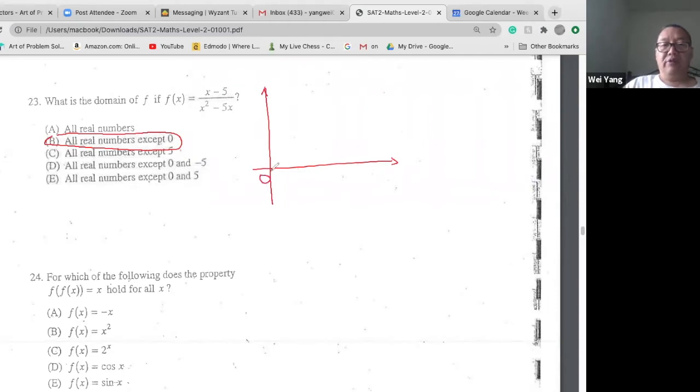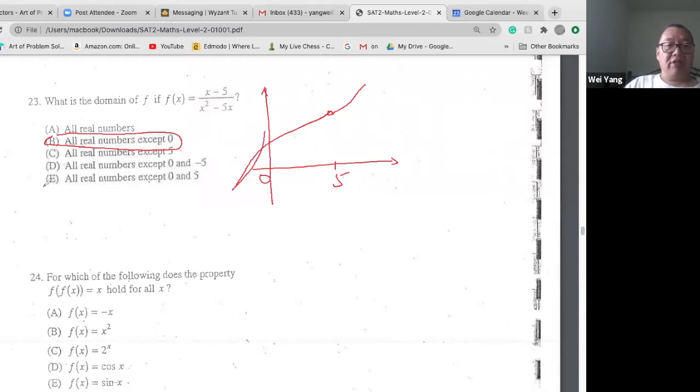Let's suppose this one is 5. So suppose this function is like this. At 5, it has a hole, something like this. Then when x equals 0, this one also has a vertical asymptote.